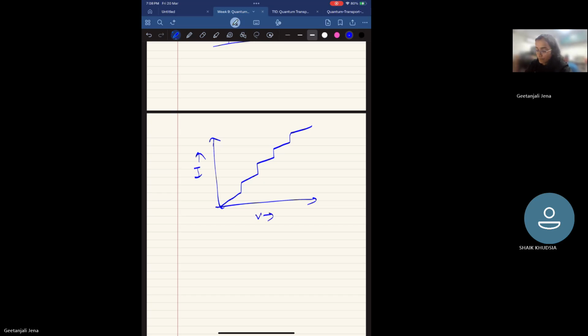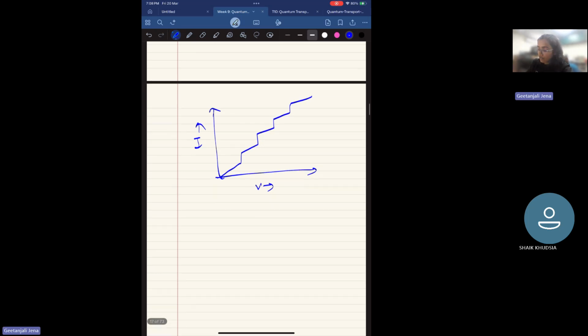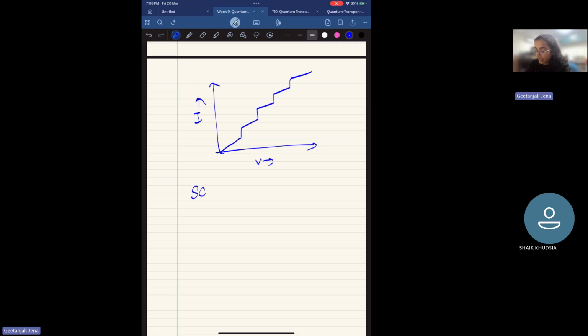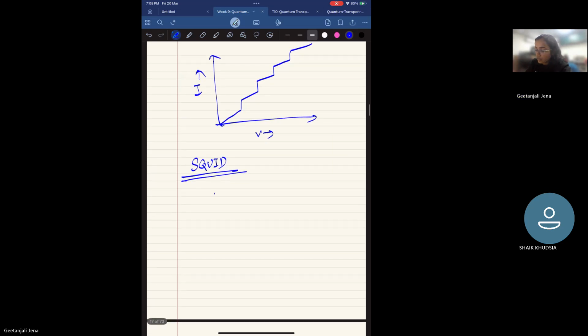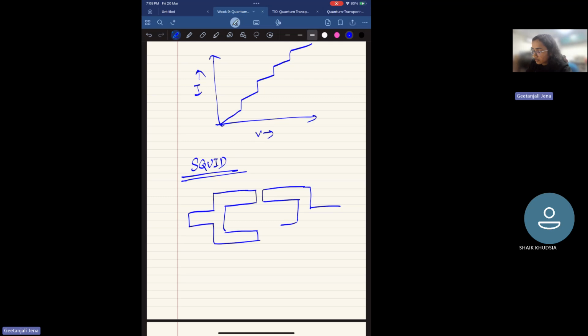Okay. So now we'll see the last part, which is the SQUID. The SQUID is like the AB effect. So we flow the charge carrier through different parts. So if you recall in the AB effect, we have a configuration like this.